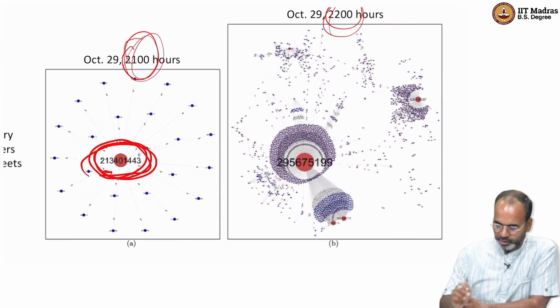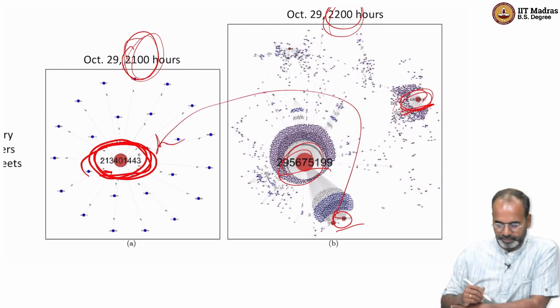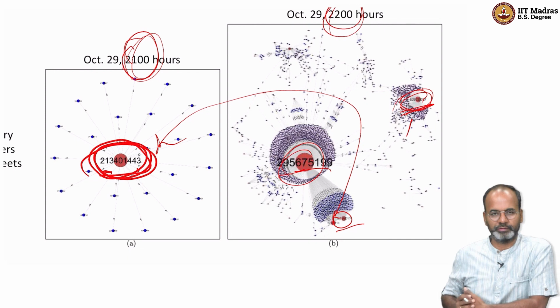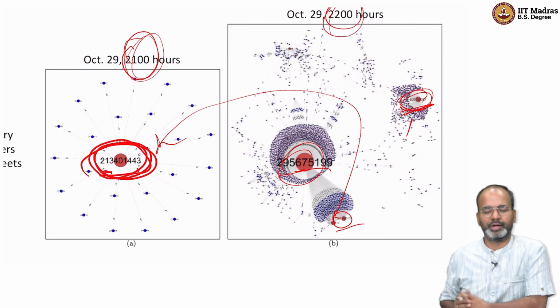If you look at 22 hours, none of these users are the popular ones, none of these users is this user, 443.